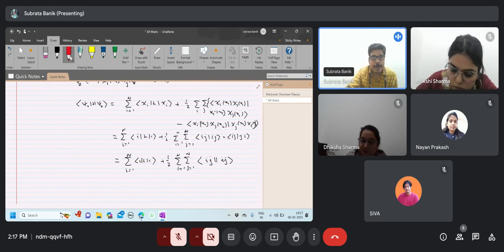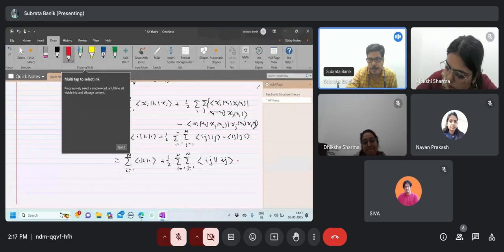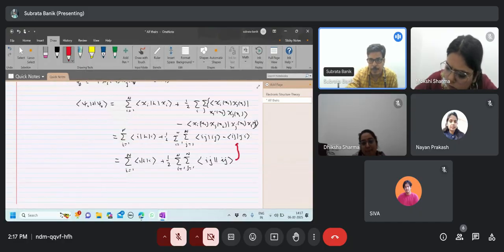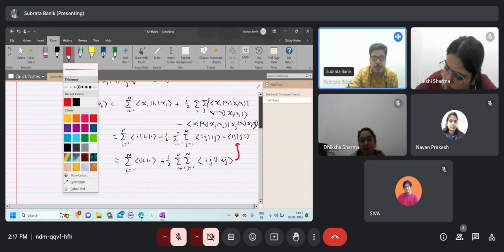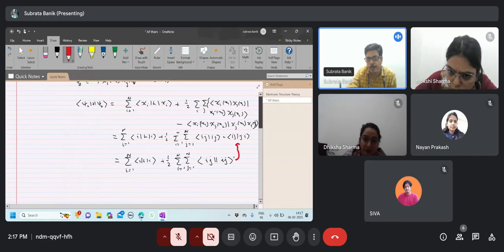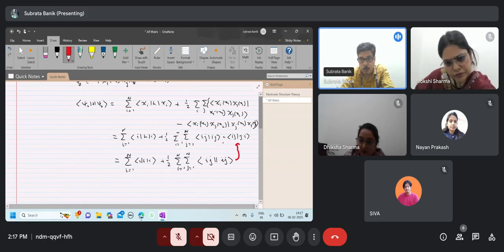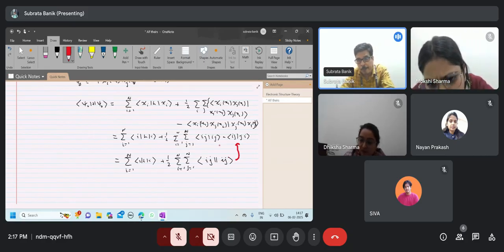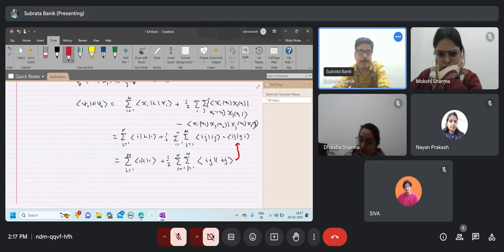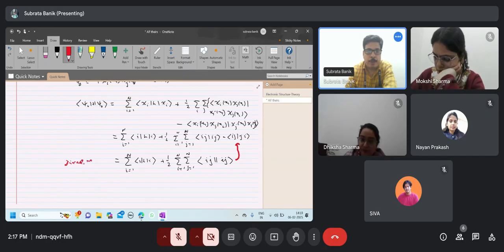This means the anti-symmetrized product and anti-symmetrized integral. So the meaning is the same. You can write them separately, or combined together as ij double bar ij. This double bar represents the first part, the Coulomb part, minus the exchange part. Right. This is the Dirac notation.